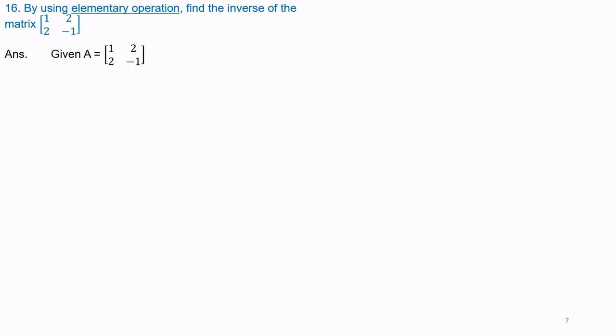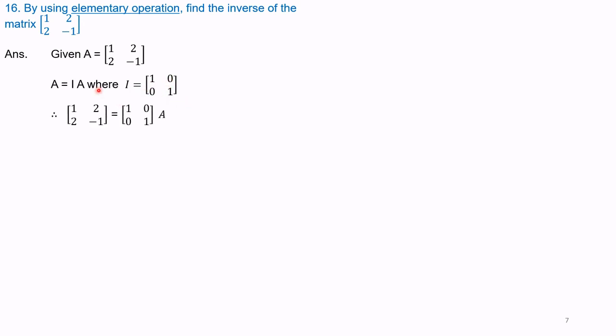Given A is equal to the matrix. So we know from our knowledge of elementary operations, by definition, A is equal to IA, where I, the identity matrix, is 1, 0, 0, 1.